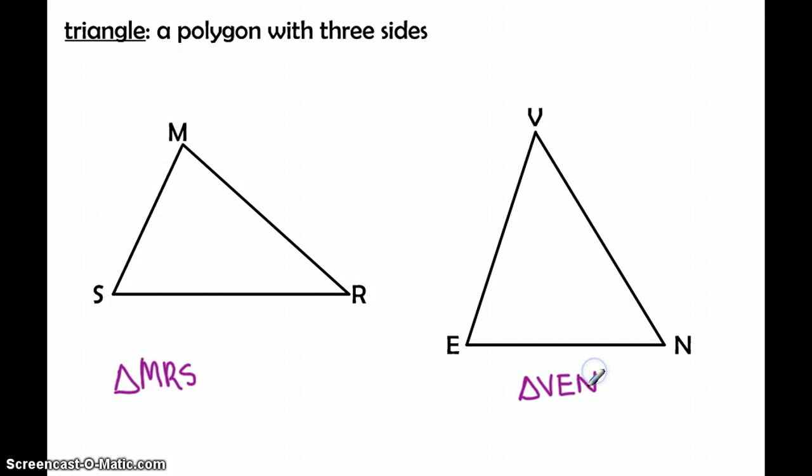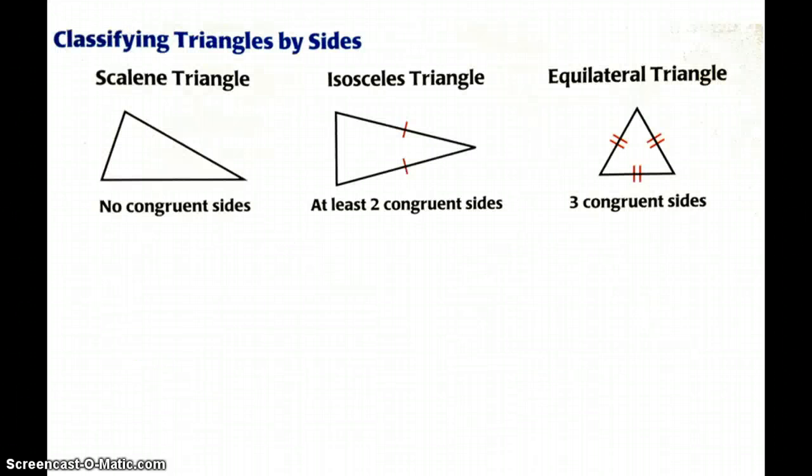You do not necessarily need to start with your top vertex. For this triangle, I could have called it triangle ENV, or I could have started with the vertex N. It's up to you, just as long as you're being consistent and going in order.